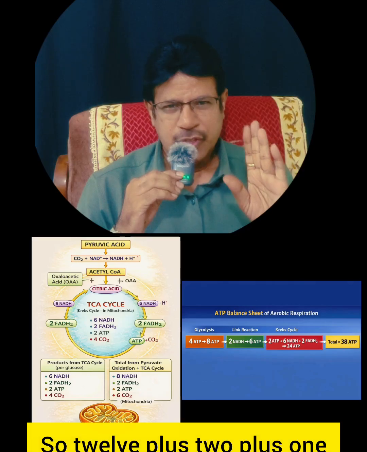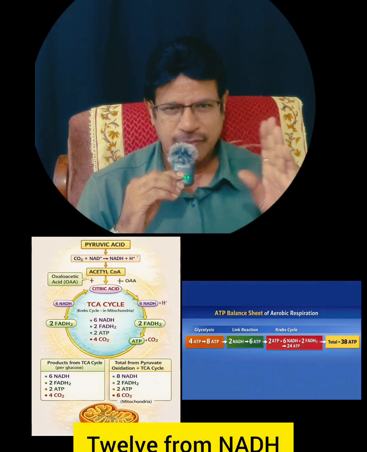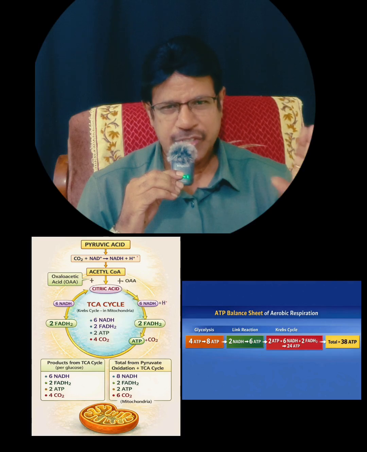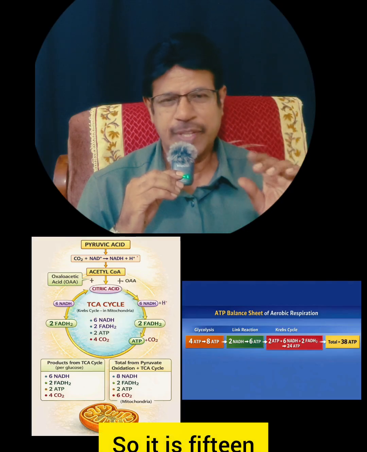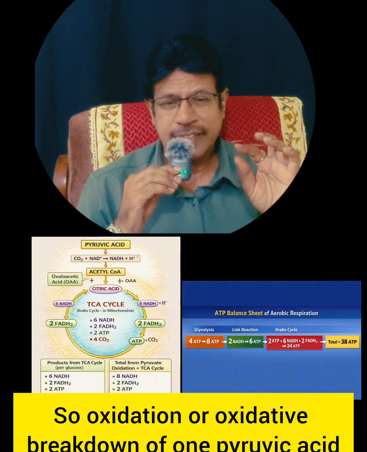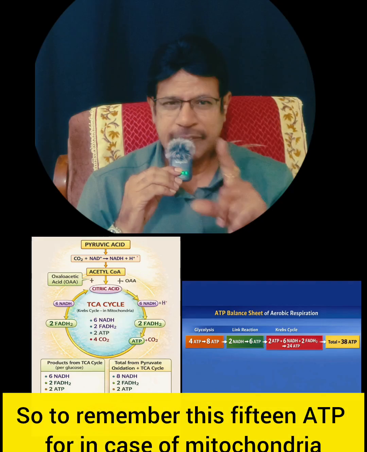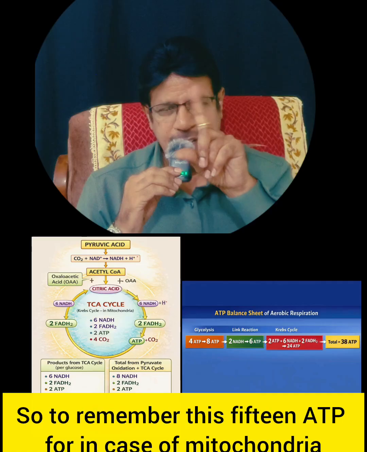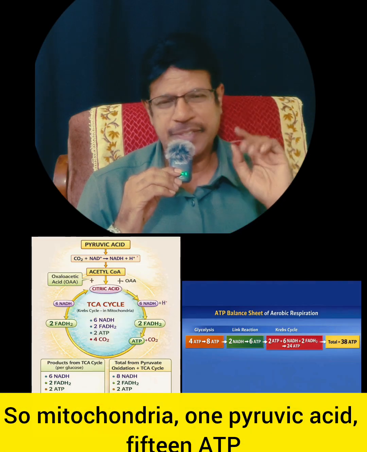So 12 plus 2 plus 1: 12 from NADH, 2 from FADH2, 1 from SLP of TCA. So oxidation or oxidative breakdown of 1 pyruvic acid gives 15 ATP. Remember this 15 ATP in case of mitochondria. So mitochondria, 1 pyruvic acid, 15 ATP.